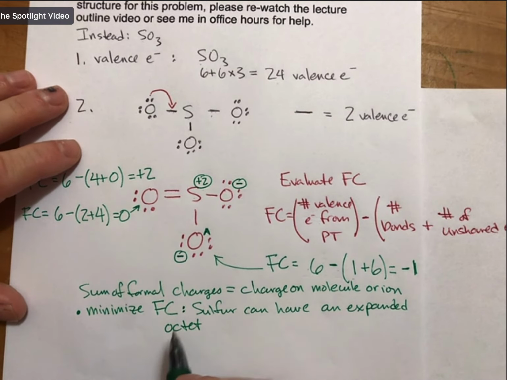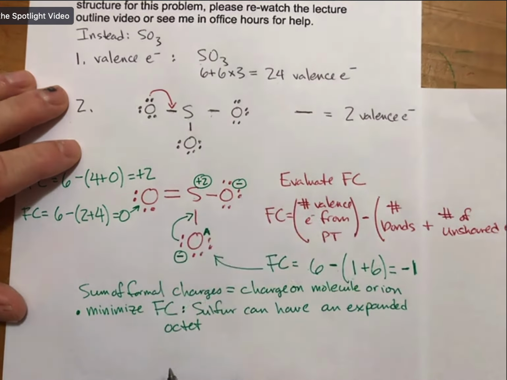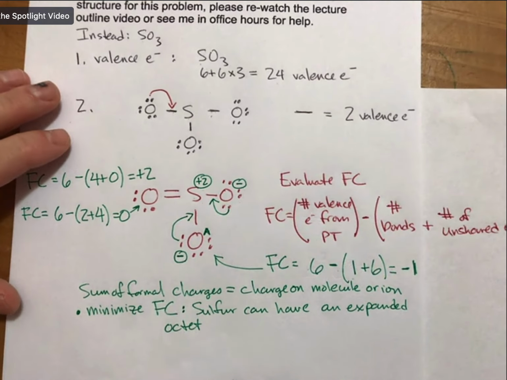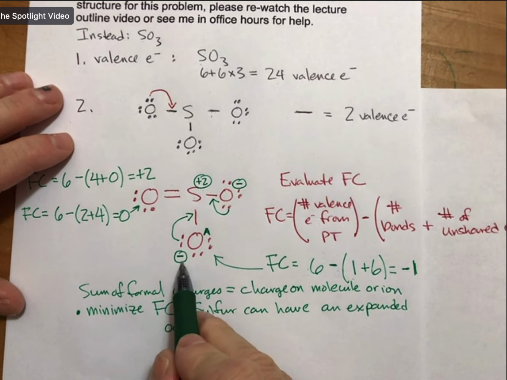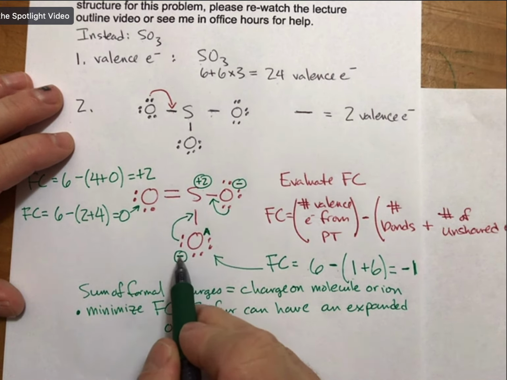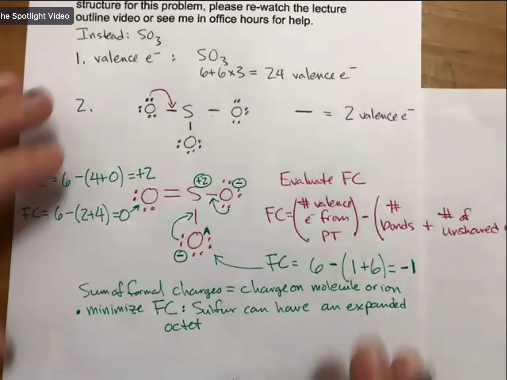Meaning that I can form a double bond here and a double bond here. When you form a double bond between an atom with a negative formal charge and a positive formal charge, you will then see, and I'll draw my answer finally down here at the bottom.